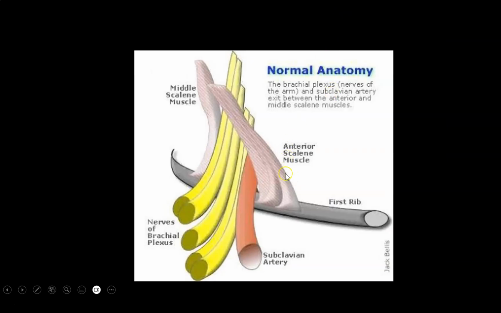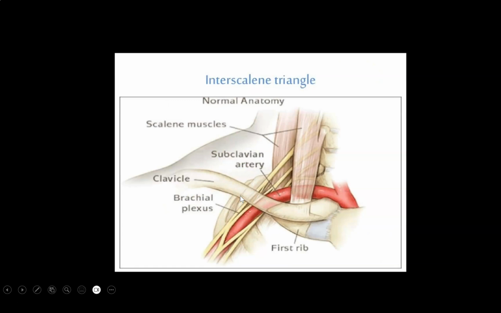Another view: this is the scalenus anterior, the scalenus medius, and between them the roots of the brachial plexus and the second and third part of the subclavian artery.